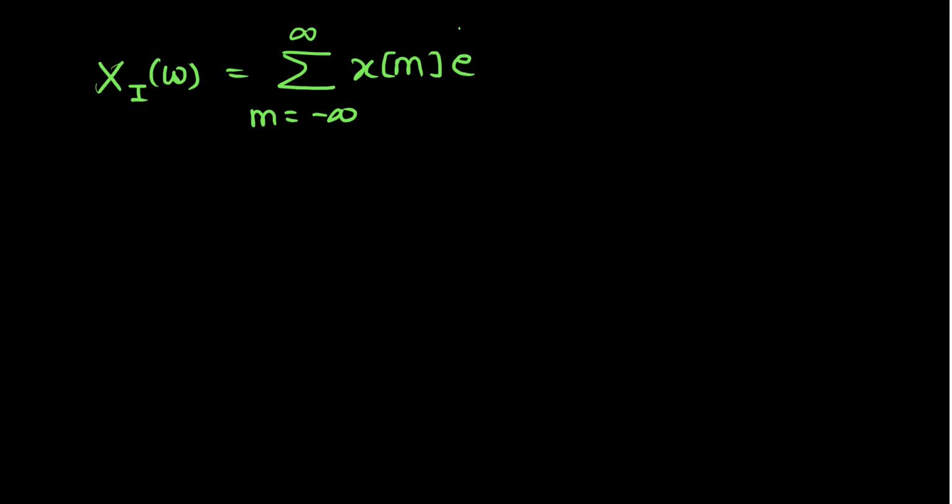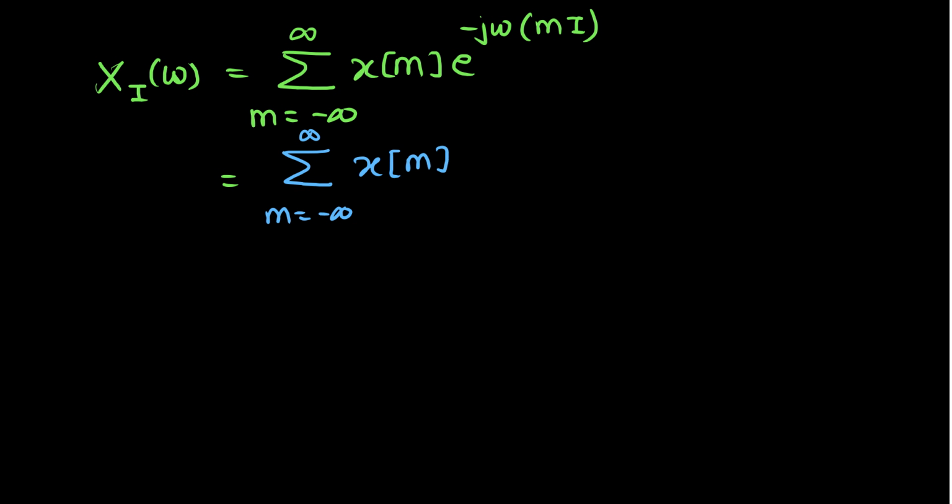So what we have is xi of omega is equal to summation m running from minus infinity to infinity x of m into e to the power minus j omega, and we had substituted this n as m into I. So we can just rearrange this as summation m running from minus infinity to infinity x of m into e to the power minus j omega I into m.